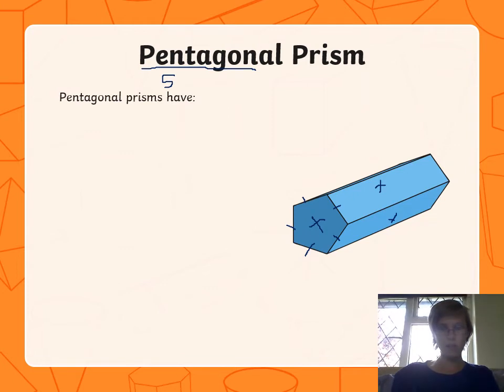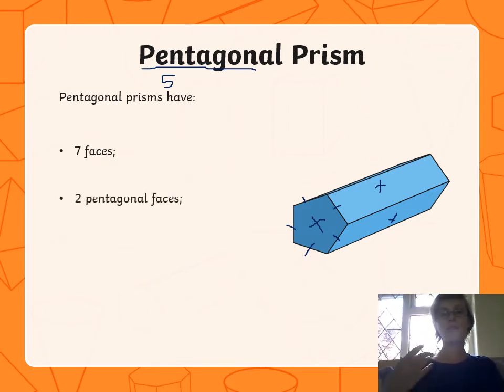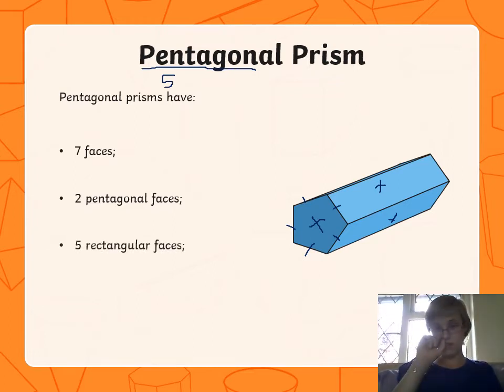Okay, so pentagonal prisms have 7 faces. 1, 2, and then we add the 5 that go around the edge. And they have 2 pentagonal faces, so that's either end, and then they've got 5 rectangular faces. If we're thinking about the points, again, the vertices, we've got a 5-cornered shape.